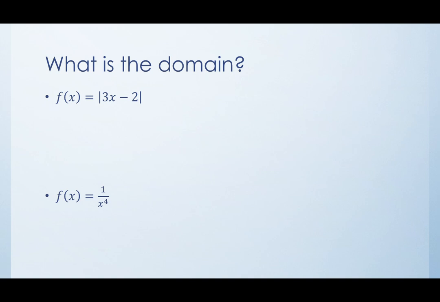All right, so we're continuing on to talk more about finding the domain of a function. So we're doing some more examples here, and our first one is f of x equals absolute value of 3x minus 2. So again, we're asking ourselves, do I have anything that will cause me to divide by 0?